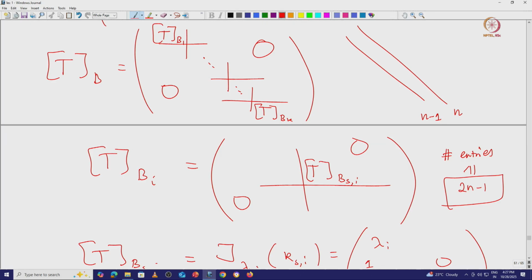We started with an n by n matrix, which has n squared entries, but we have conjugated it to another matrix which has at most 2n minus 1 entries.